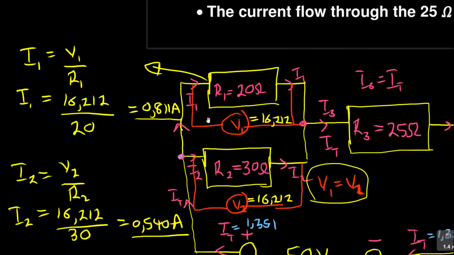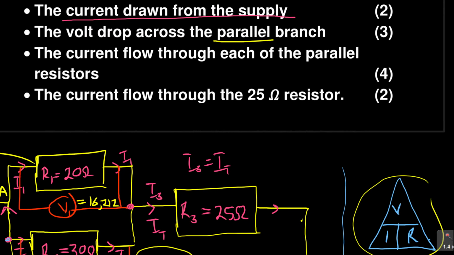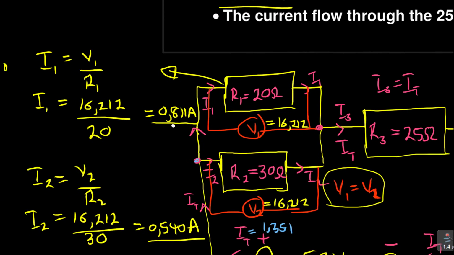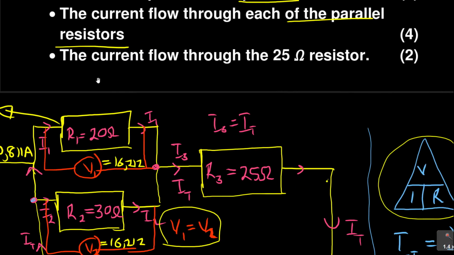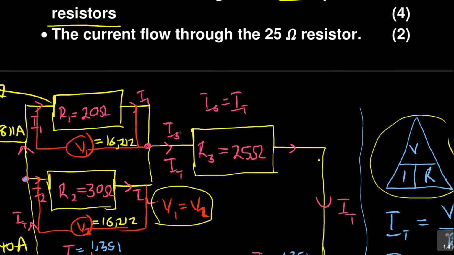And then lastly, yes, that is the question now. We found the current that was flowing through the two resistors, which was in this part. Now the last one says the current flow through the 25 ohm resistor. So they want this current flowing through this resistor.